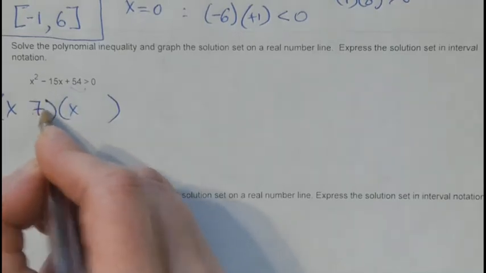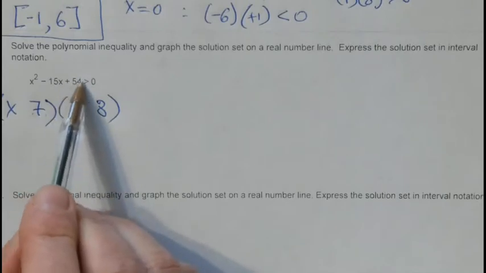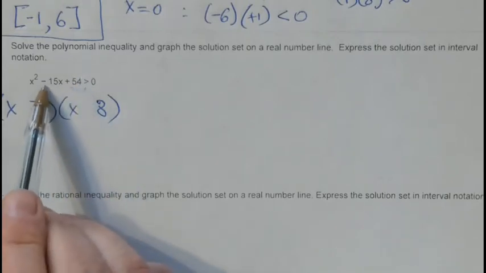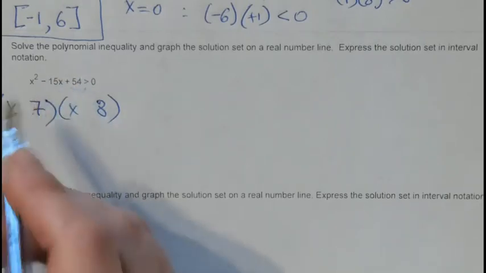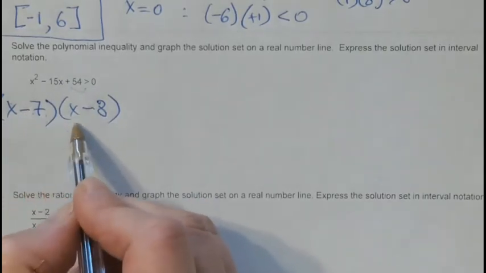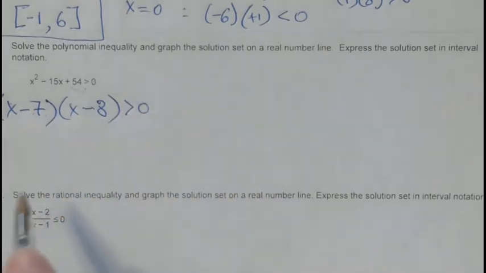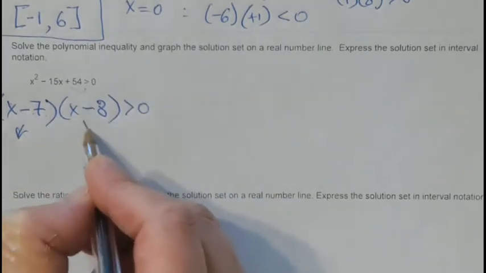So maybe they are 7 and 8. They must have the same sign because the product is positive, but they add up to negative 15, so both must be negative. (x minus 7) times (x minus 8) greater than 0. This is our inequality. So we have two boundary points.